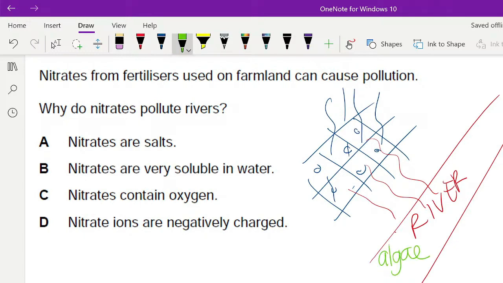When they die, they decompose, and decomposition requires aerobic bacterial activity, and it results in decreased dissolved oxygen level. So then the fish will die because they run out of dissolved oxygen in the water, and this is called eutrophication. So what caused this pollution is because nitrates are very soluble in water.